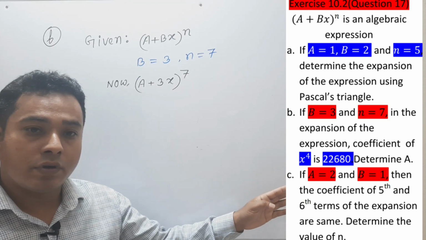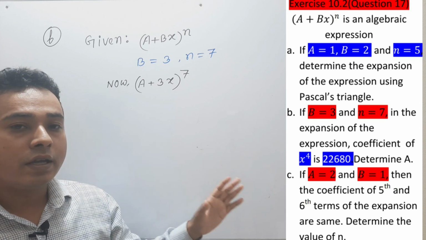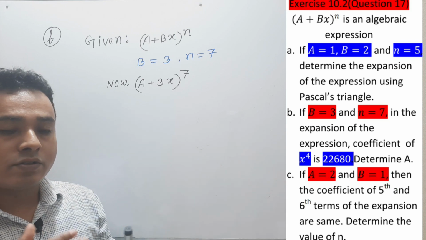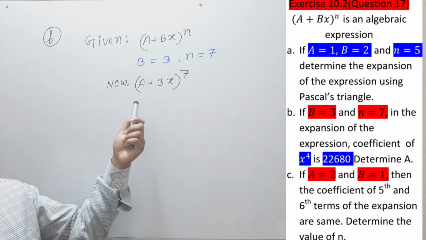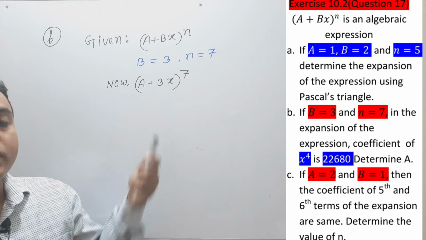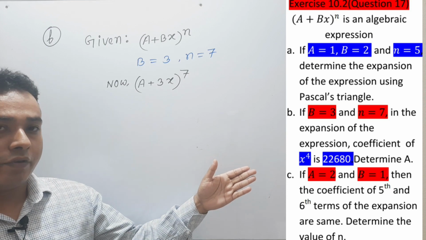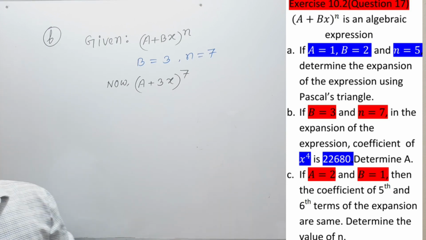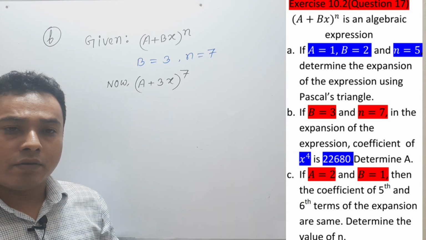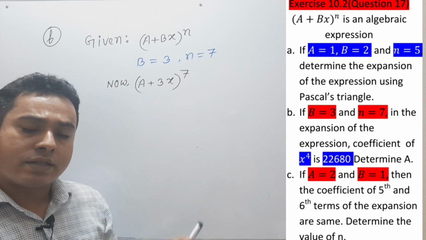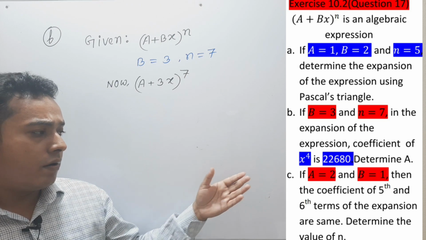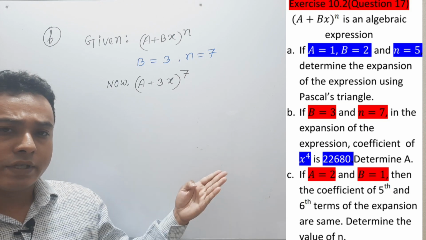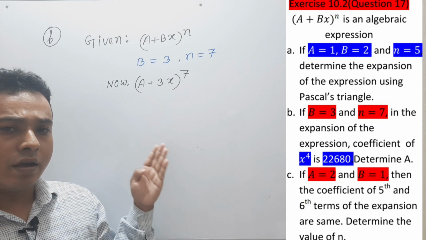When you get x to the power 4, you can stop the expansion. Can we use Pascal's triangle or the binomial theorem? Here there is no mention of the process, so we can use the binomial theorem.